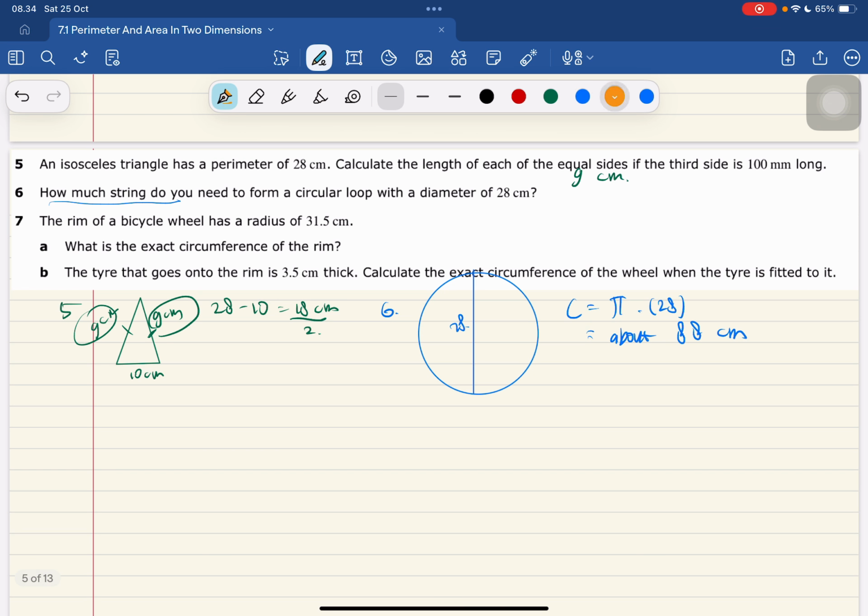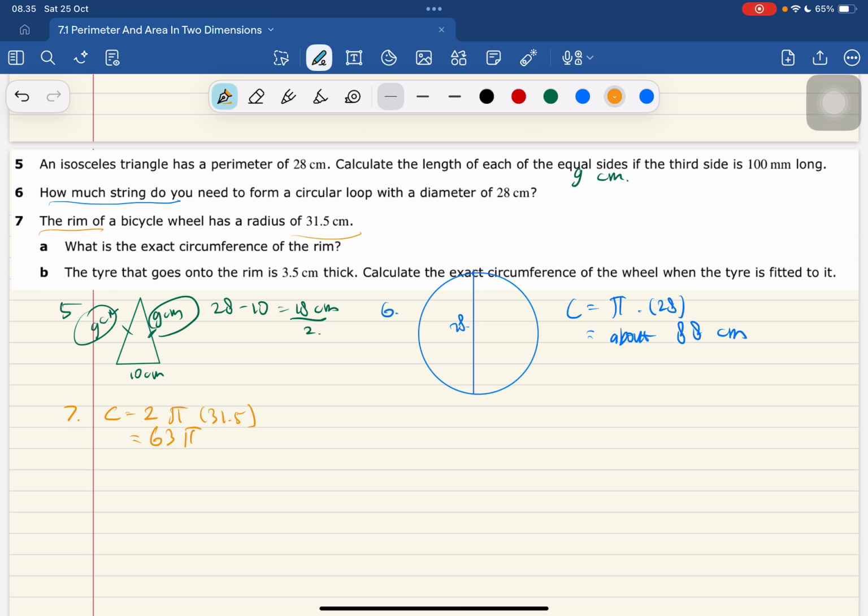Now number 7. The rim of a bicycle wheel has a radius of, okay, what is exact? So exactly the circumference is going to be 2 pi times the radius, which is 31.5. So 31.5 multiplied by 2 is going to be 63 pi.